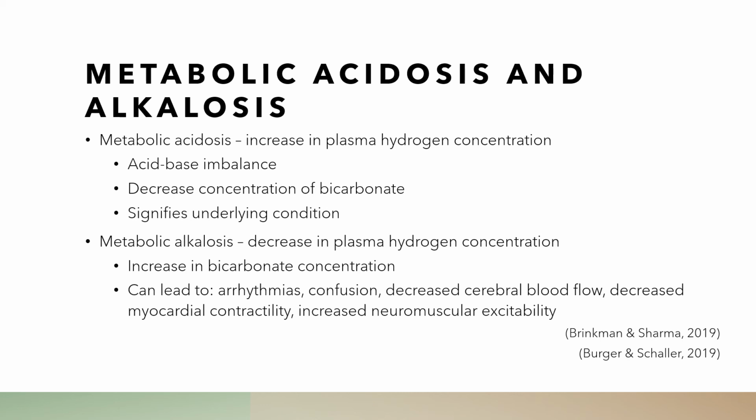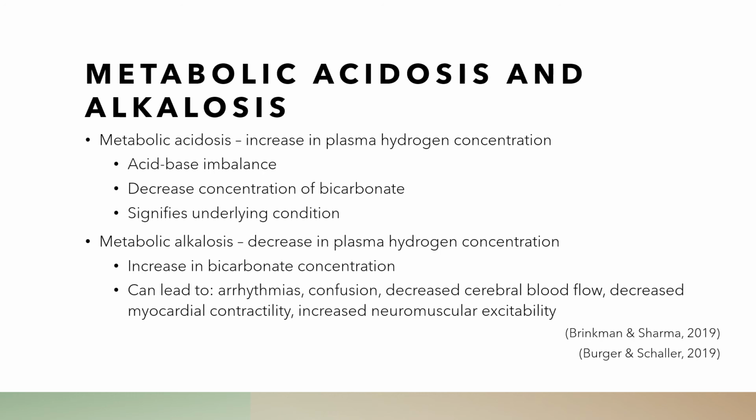Another condition that can occur is metabolic alkalosis, which is the increase in plasma pH above the normal range. This typically results in an increase in the bicarbonate concentration and a decrease in hydrogen.